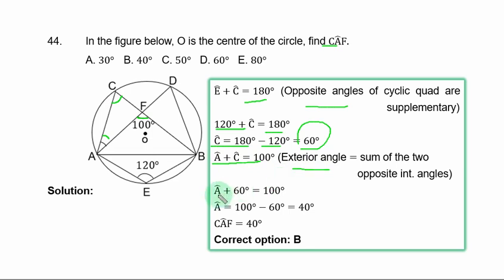So you have A plus 60 degrees equal to 100 degrees, and A is equal to 100 degrees minus 60 degrees equal to 40 degrees. In 3 letters notation, you have angle CAF is equal to 40 degrees. The correct option is B.